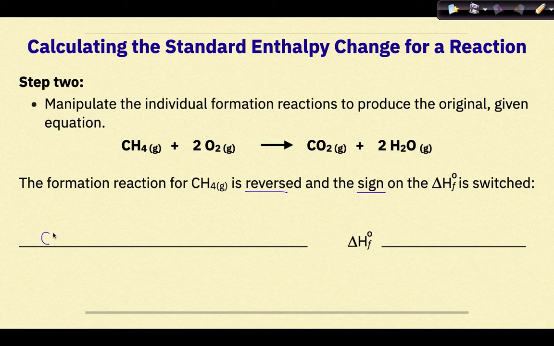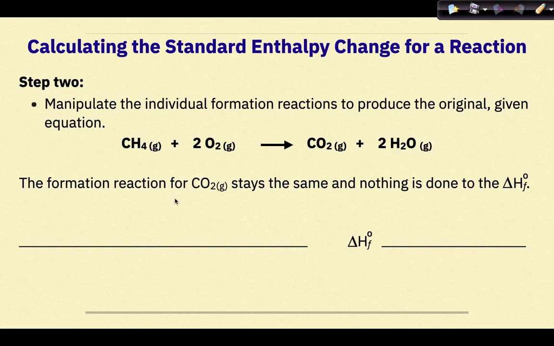So CH4 gas yields carbon as a solid plus 2 moles of hydrogen gas. And now my heat of formation value is going to be positive 74.6 kilojoules per mole. So now we have the methane on the correct side as seen in our combustion reaction.